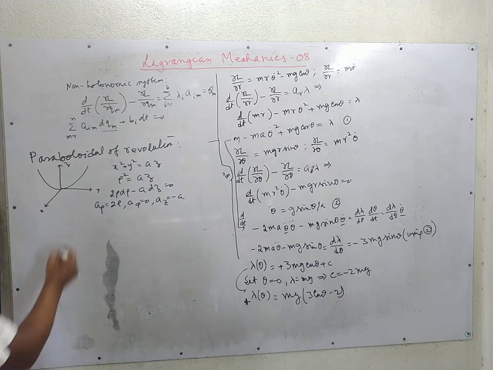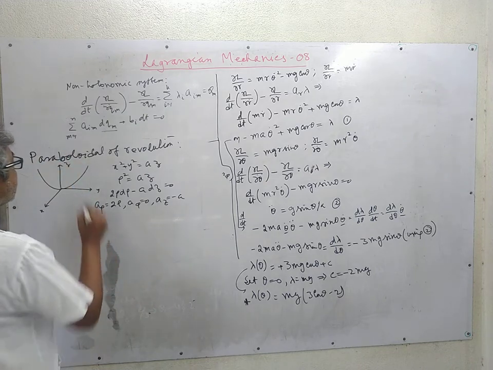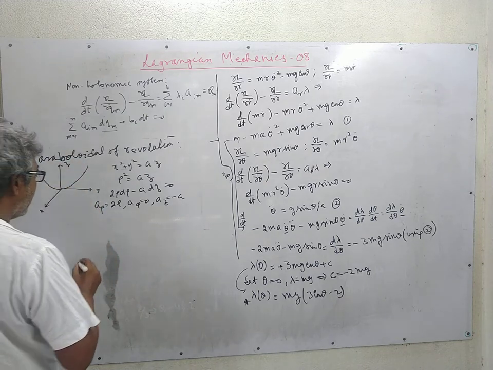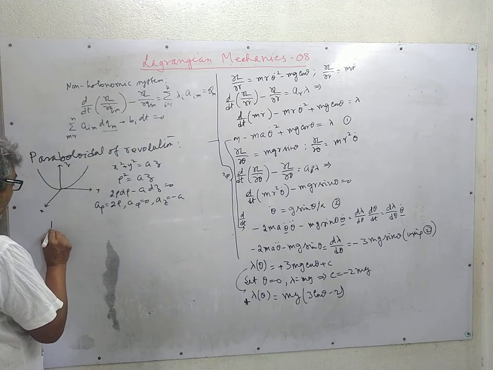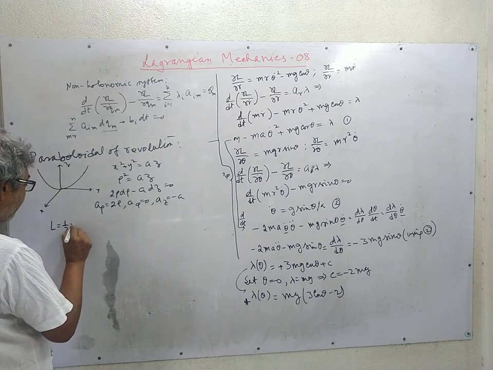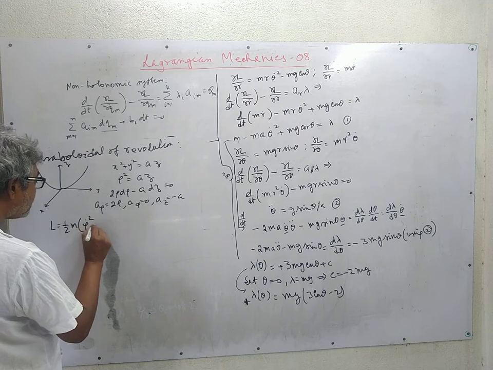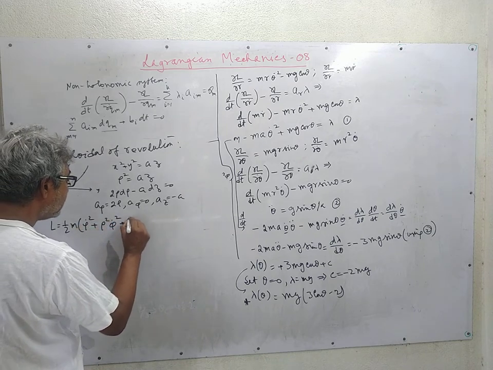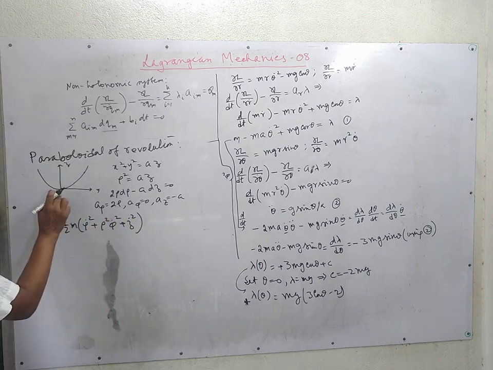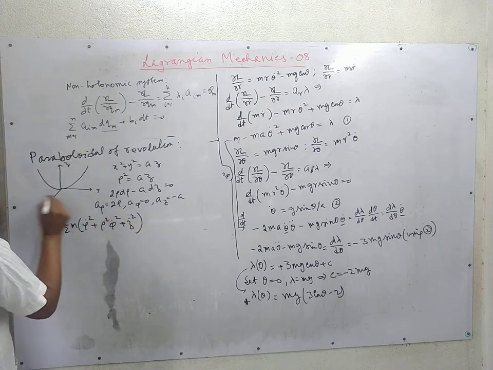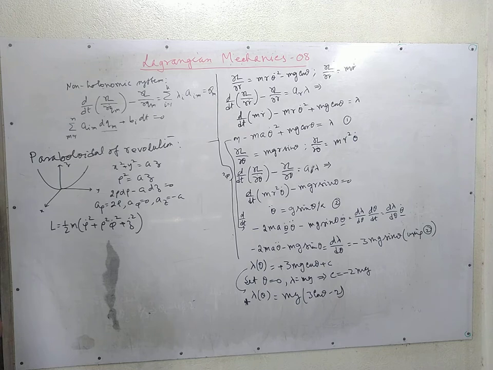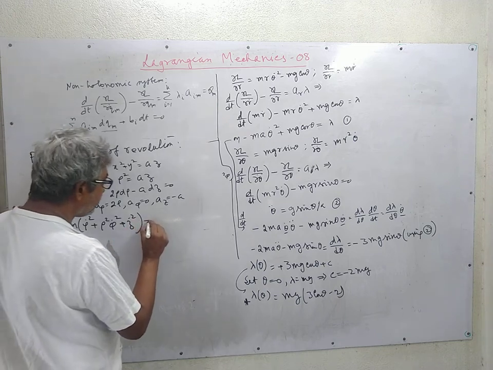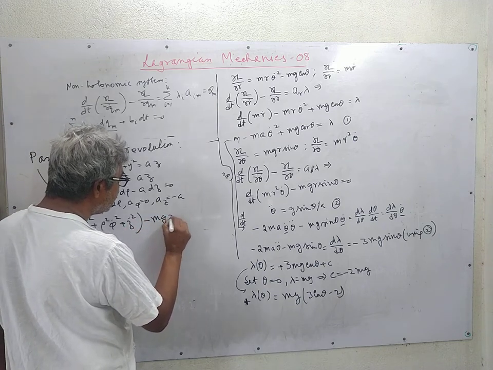And the particle is moving on the inner surface of this paraboloid of revolution. So the Lagrangian is half m (ρ̇² plus ρ²φ̇² plus ż²). If we consider V equal to 0 at z equal to 0 as the zero level of potential, then the potential is mgz.